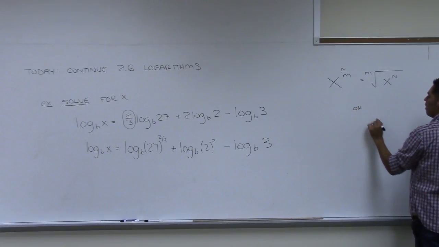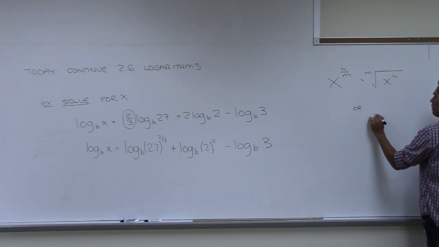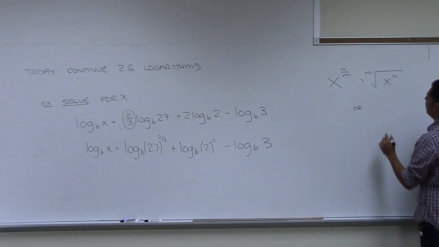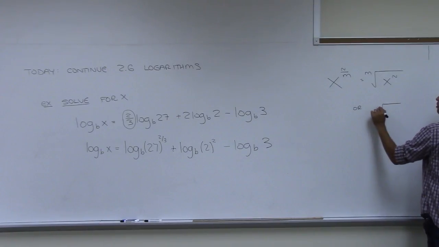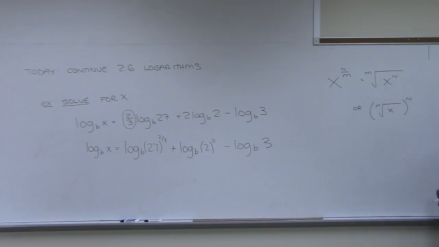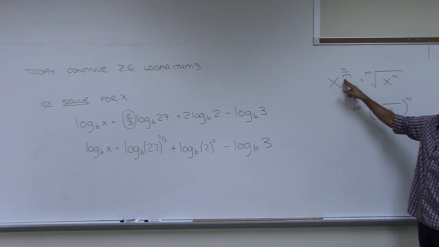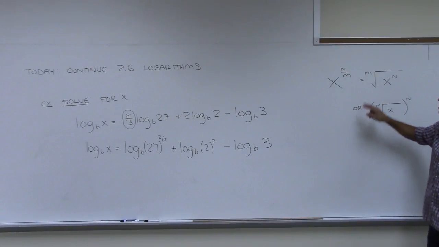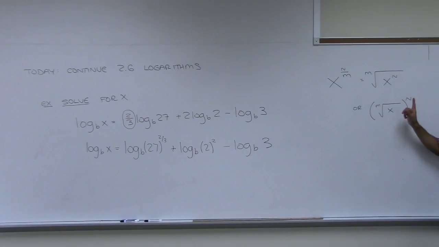Or you can do it this way, the mth root of x all to the n. All right, yes? That's n over m, yes? You take the mth root of x to the nth power, or you can do the mth root of x and then raise that answer to the nth power. All right? This is a property of exponents.